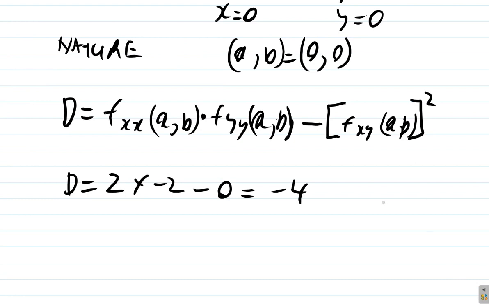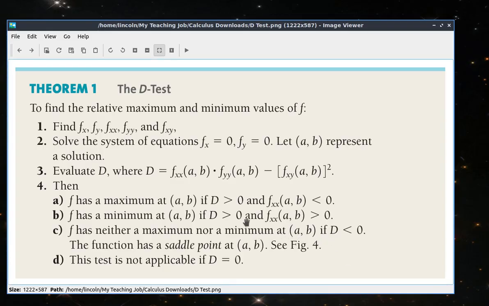So let's look and see what our formula sheet for the D-test says. Okay, D is negative 4, as we found a while ago. And this says f has neither a maximum nor a minimum at (a, b) if D is less than 0; the function has a saddle point.